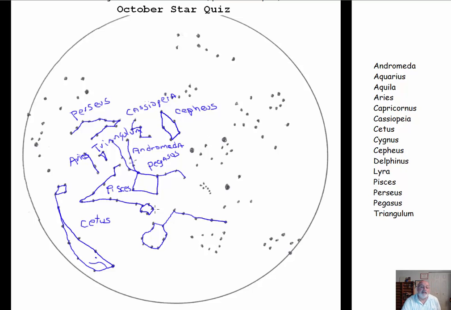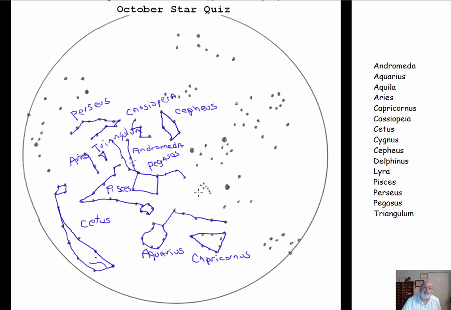You can stop. This is Aquarius. Sitting next to Aquarius is the sea goat. Another funky triangle. Capricornus.